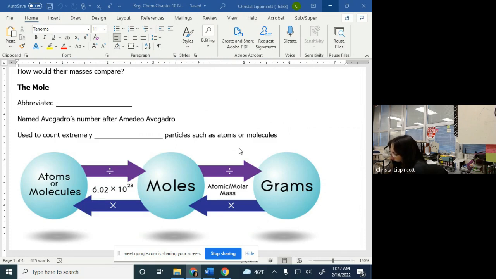Calculator, periodic table. And you should be turned to the page that has this diagram on it.